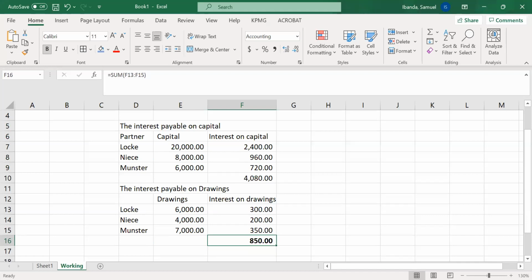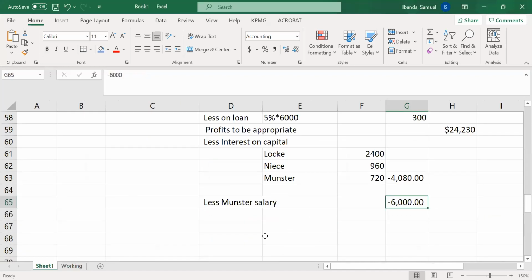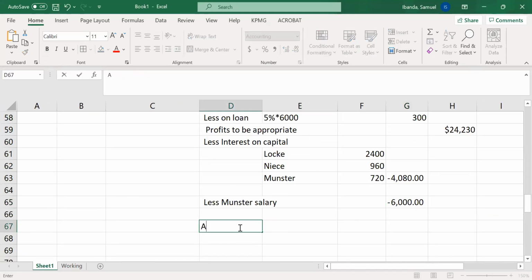So now I'm going to take it into my appropriation account. And interest on drawings is added back. Add, because it's a benefit to the partnership.